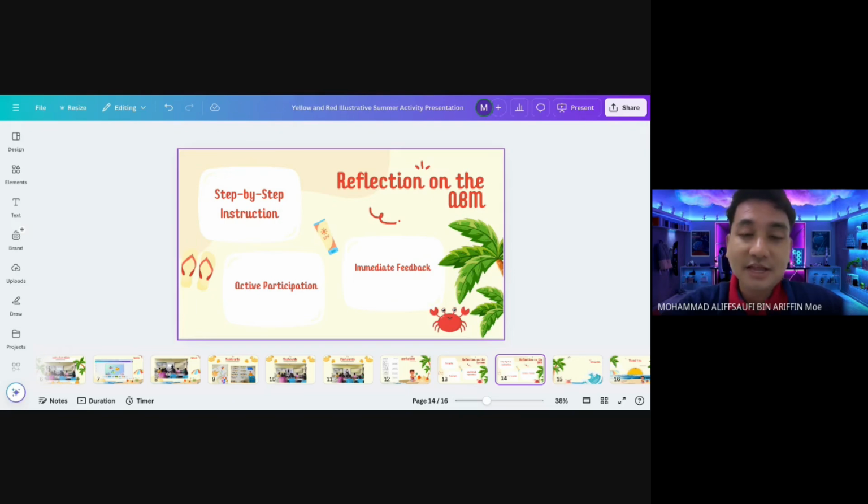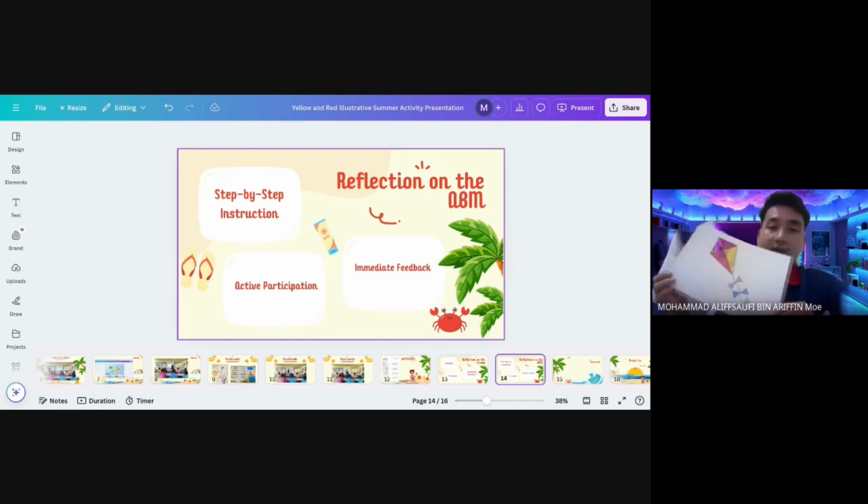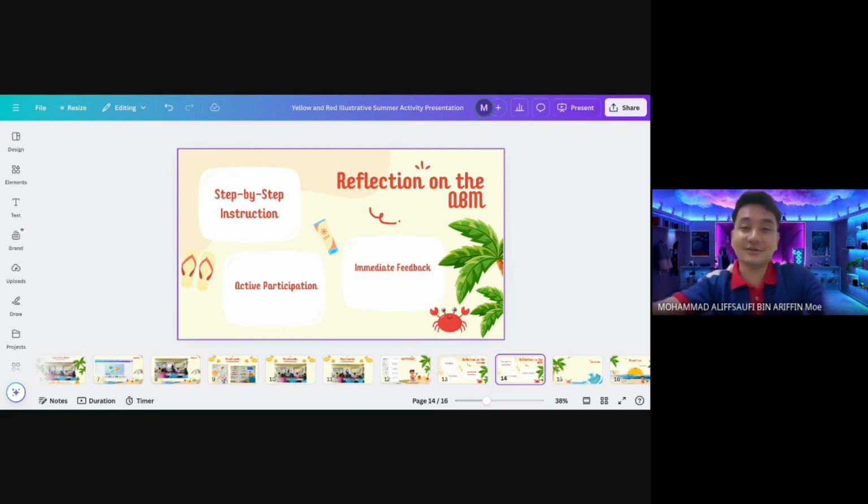The next one will be active engagement. By involving students in matching games, discussion, and worksheets, the model kept them actively engaged. For example, I have here the flashcard that I use to keep them focused in class, to get them actively engaged with the lesson today.